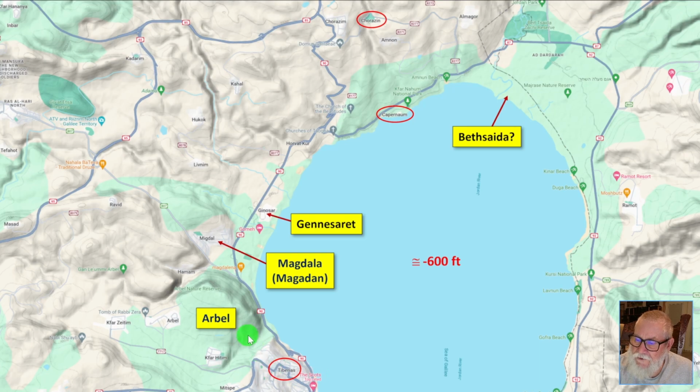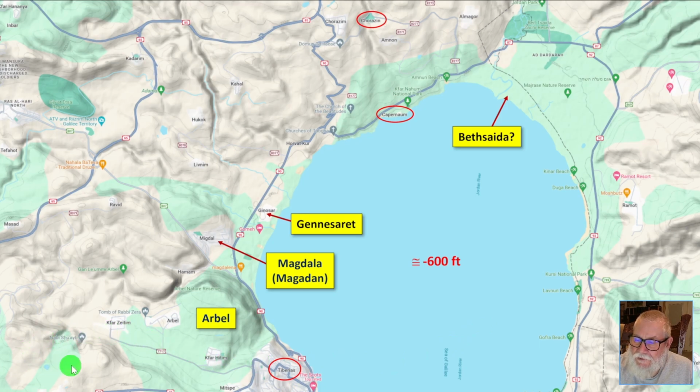North of Tiberias is this mountain Arbel, and it sits about 1,200 feet above the surface of the sea, so you can get a very, very good view of the surface of the sea from there.